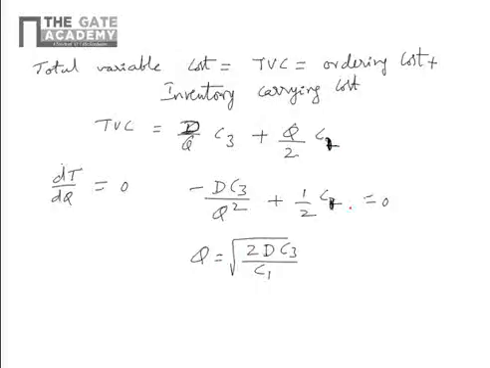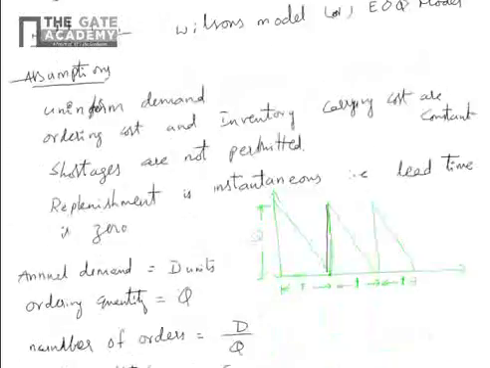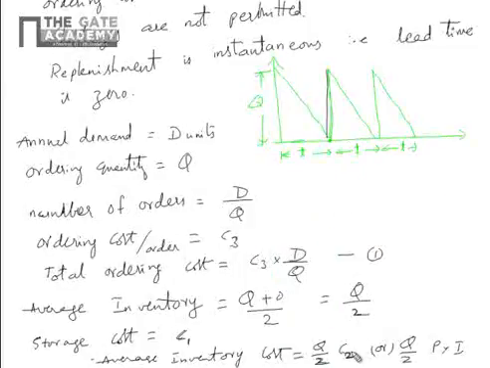C2 is shortage cost. Correct it in the earlier page also. This is C1. C3 is ordering cost.